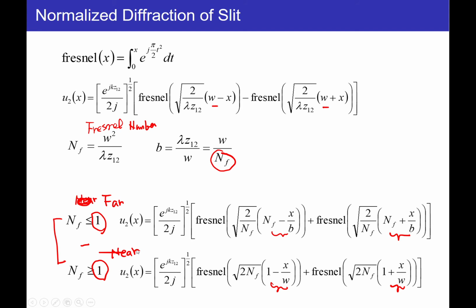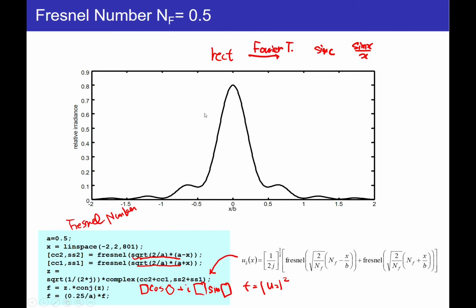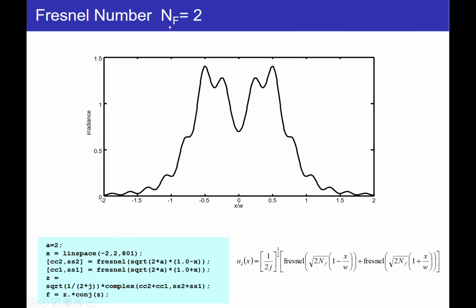Okay, so as our first example, NF equal to 0.5 has been shown, and then NF equal to 2, definitely larger than 1, and then we get the same thing.